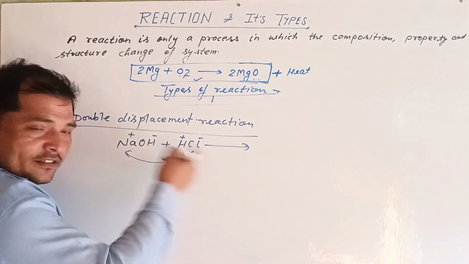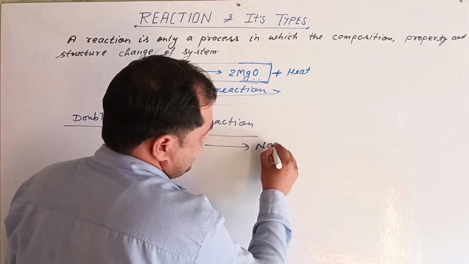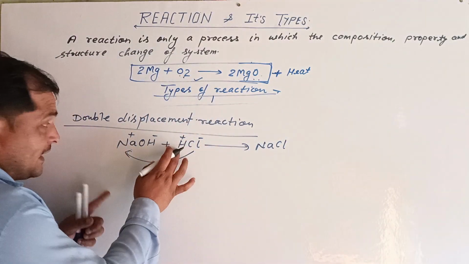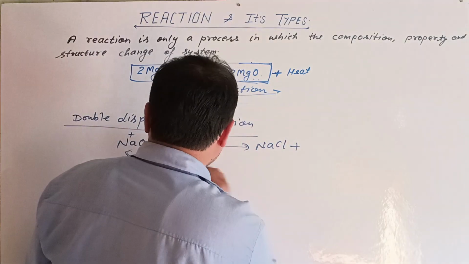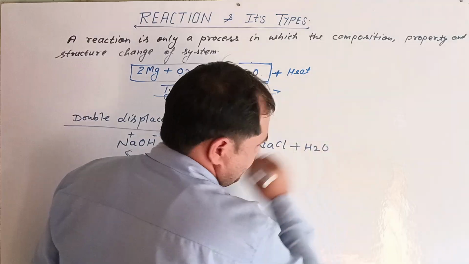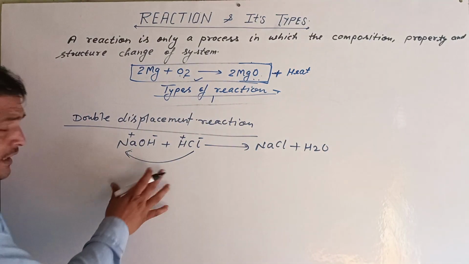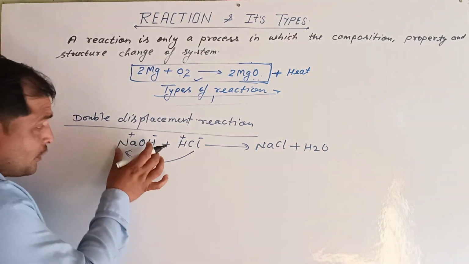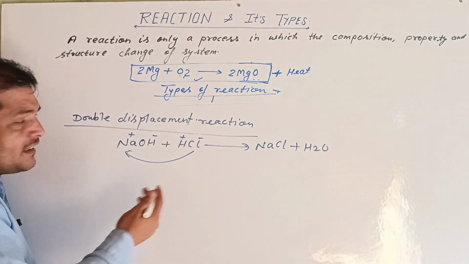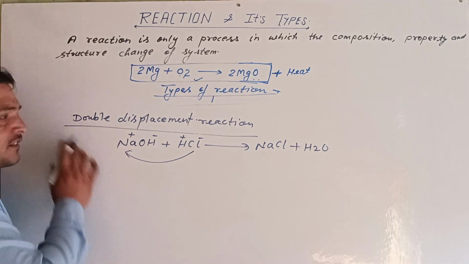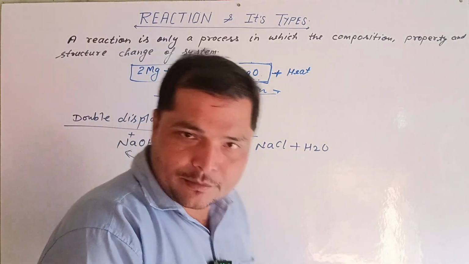Na will go with Cl and form NaCl. When the H positive ion combines with OH, it will provide the compound H2O. In this chemical reaction, both the reactants are exchanging their ions with each other. So this type of reaction is known as double displacement reaction.